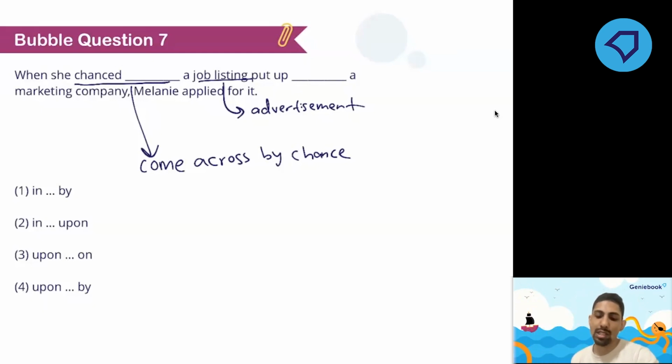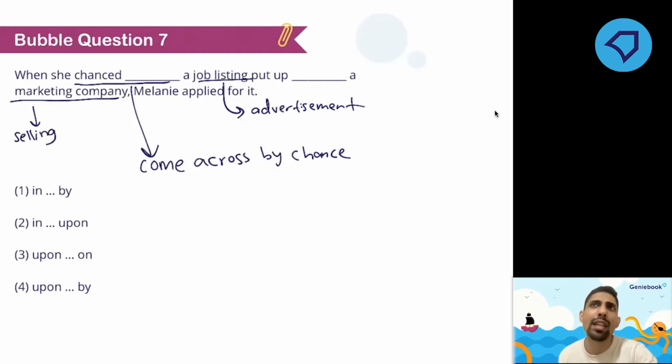So she saw a job listing put up by a marketing company. This is a company that helps you with selling. For example, let's say I want to create a new product. I call them nice notebooks. And I'm not sure how to sell them, how to get my product to the shops, what kind of advertisements I should use.